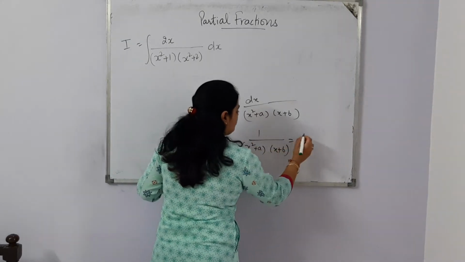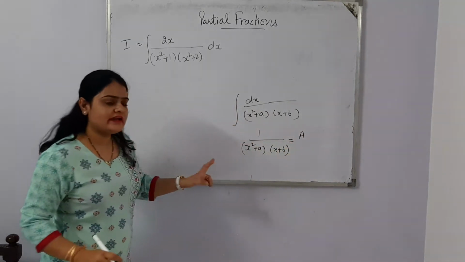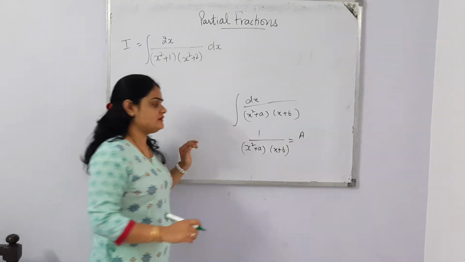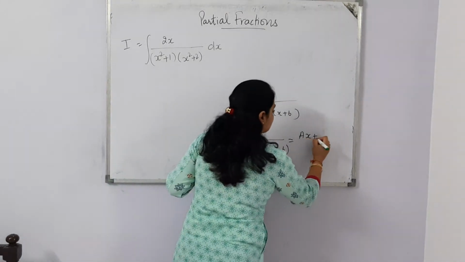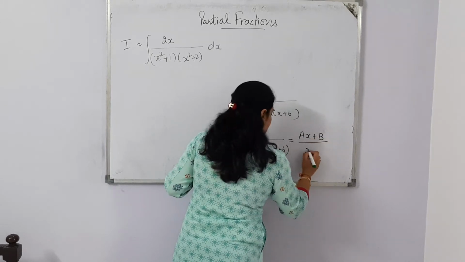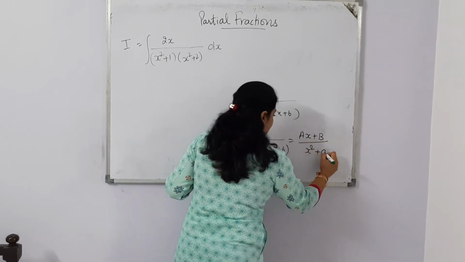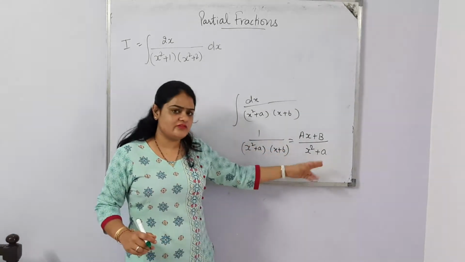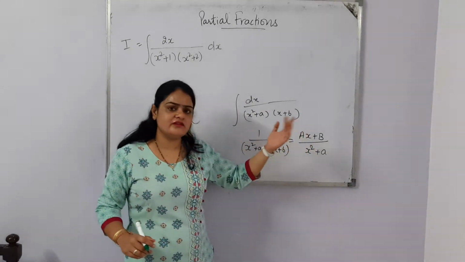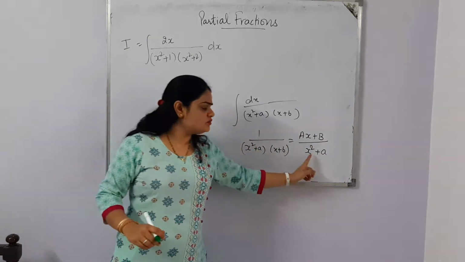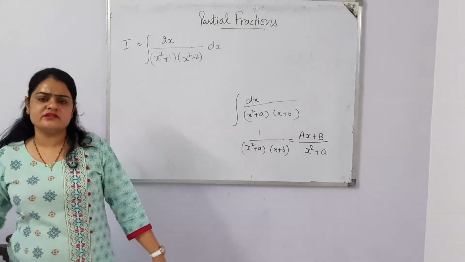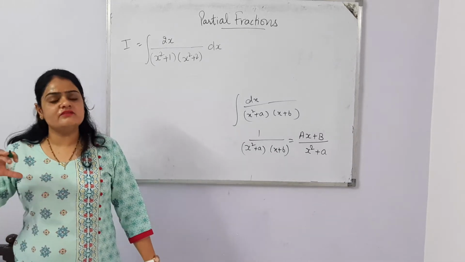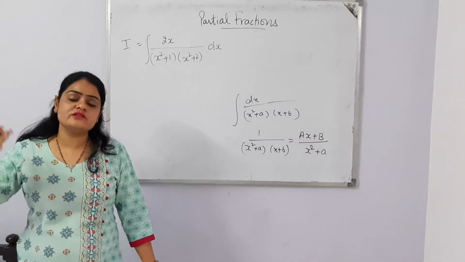So whenever the factor is not linear, you have to take two constants a and b, ax plus b upon x square plus a, because of its derivative: whenever x square is there, its derivative is 2x. So a constant term, 2x plus some constant, can occur. If x square plus x plus 2 is there, then its derivative is 2x plus 1.